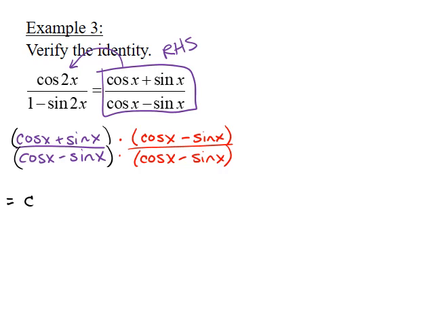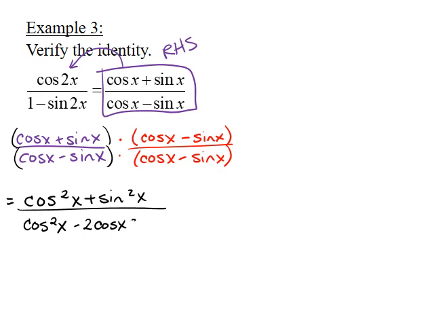On the top, I got cosine squared of x plus sine squared of x. All over, FOILing the bottom, cosine squared of x minus 2 cosine of x times sine of x plus sine squared of x.